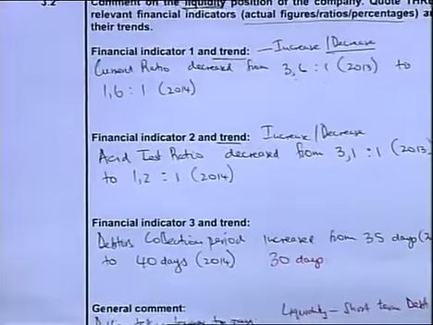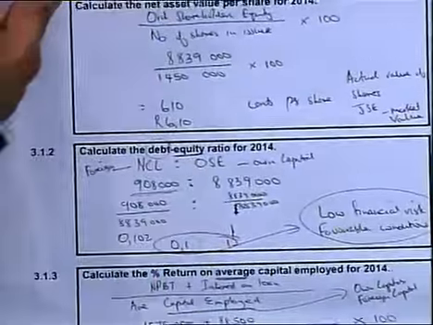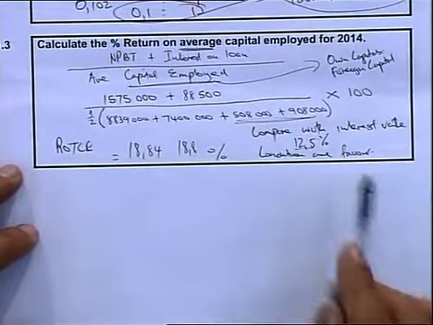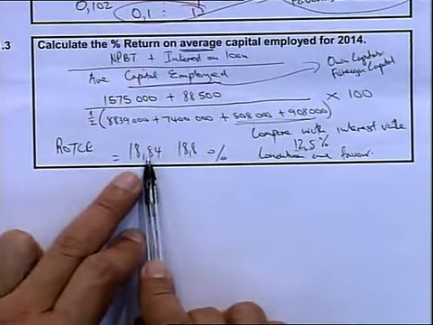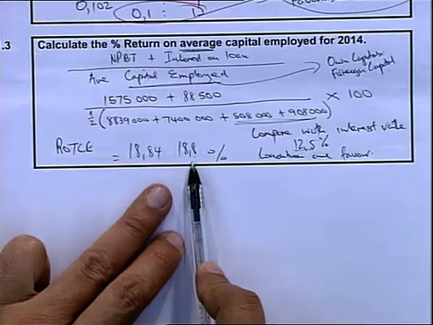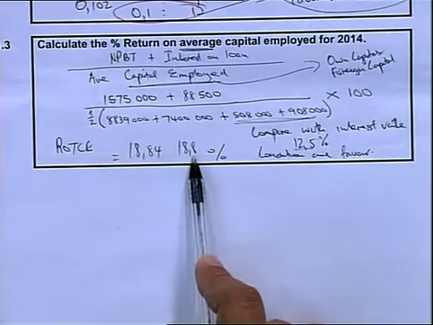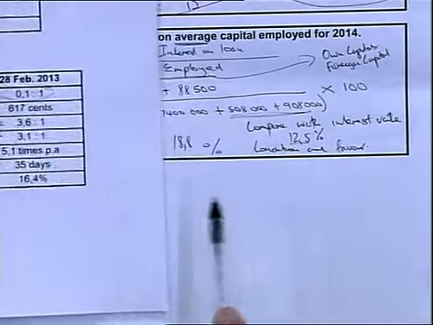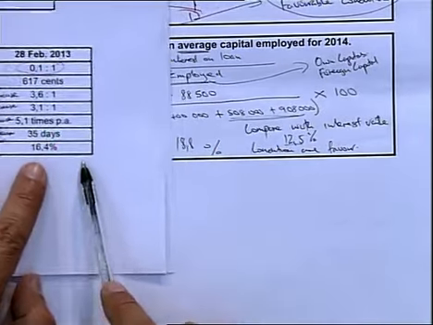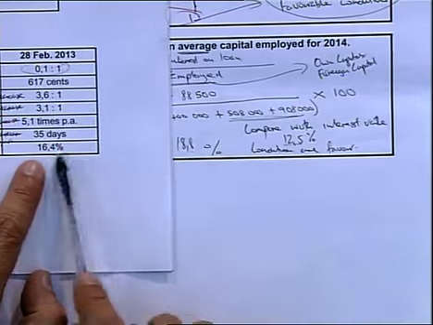Yes, here we are, 3.1.3. We have to calculate that ratio. It came to 18.8%. And what was it last year? Last year it was 16.4%. So it's an increase.